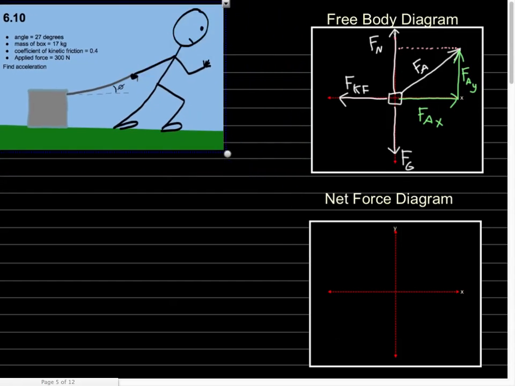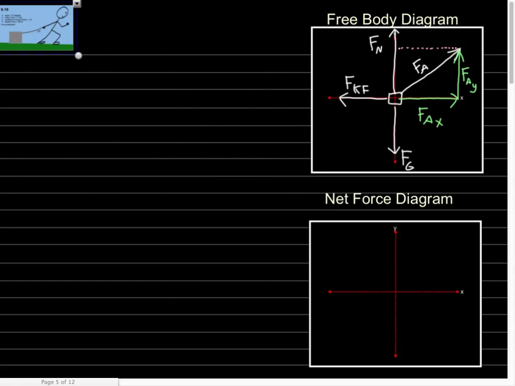So now that we have the components in each direction, we can start to solve for what we need. All right, the first thing we do is the sum of forces in the x direction. Now, we don't know the sum of forces in the x direction, but that's what we're looking for. And we know the net force will be in the x direction because there will be no sum of forces in the y direction.